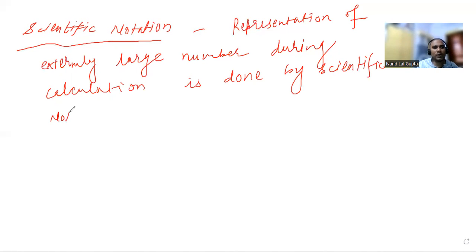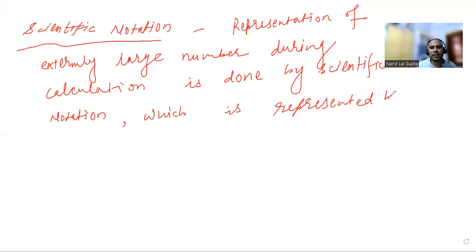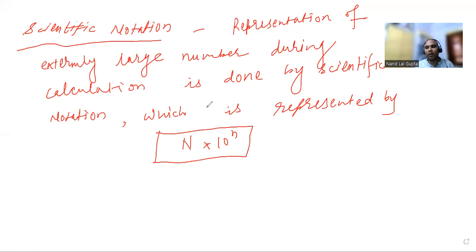How is it represented? It is represented as capital N multiplied by 10 power n. This is the point for scientific notation.